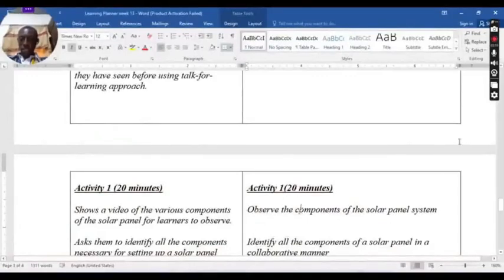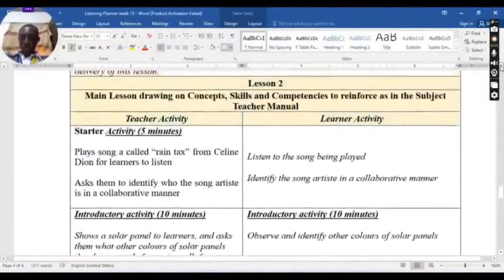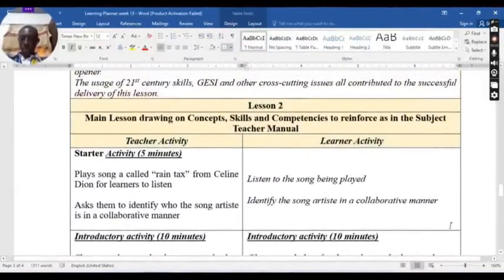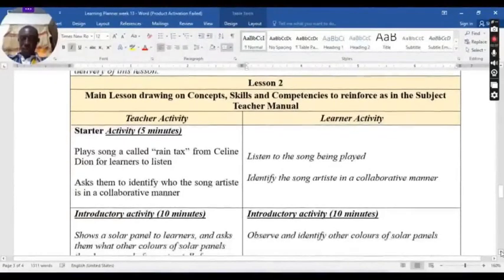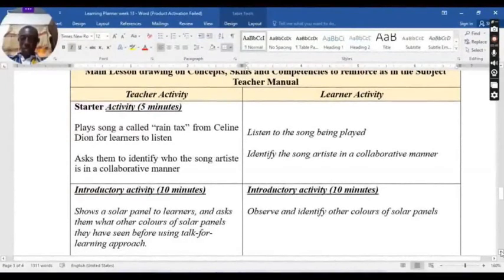So let's go to the learning planner. This is week 13. You have to read the TM, and know how to split it. If you can do it in only 1 lesson, no problem. But if it is lengthy, you can split it into 2 lessons, then do so. This is for a week.